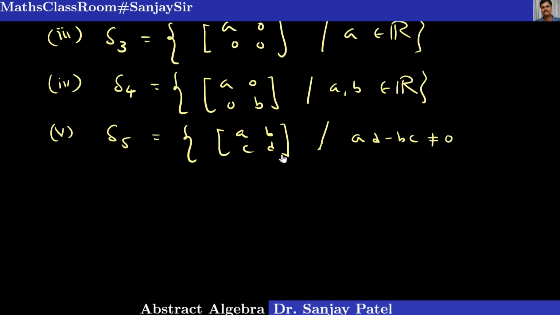That is, this matrix is non-singular, and A, B, C, D are obviously real numbers.